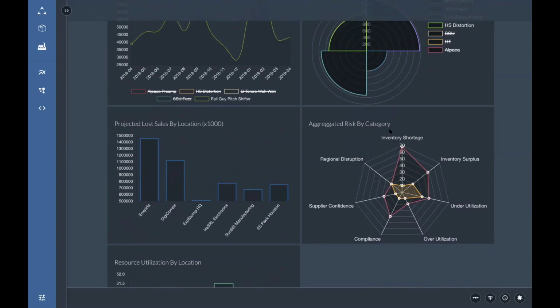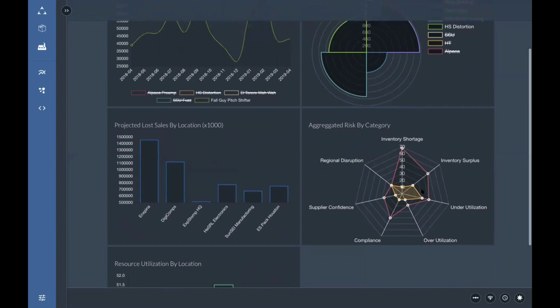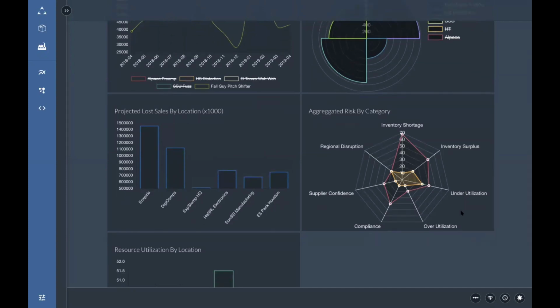So if I'm looking at inventory shortage or inventory overage, sometimes an even more acute problem, we can start to attenuate that to map to the thresholds that our company has deemed as acceptable.